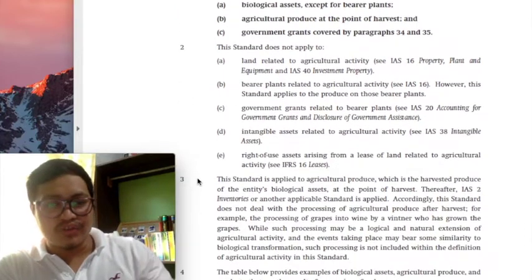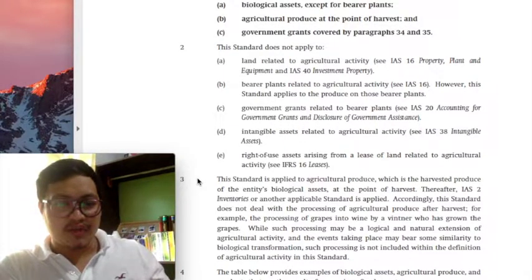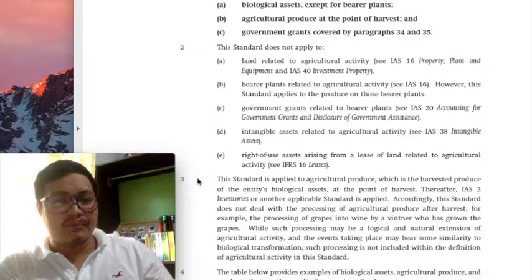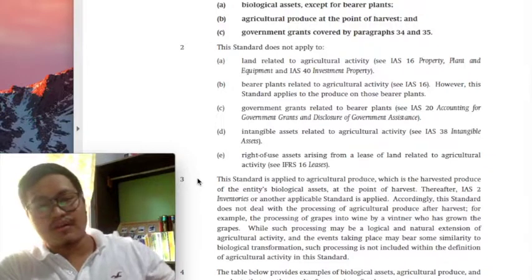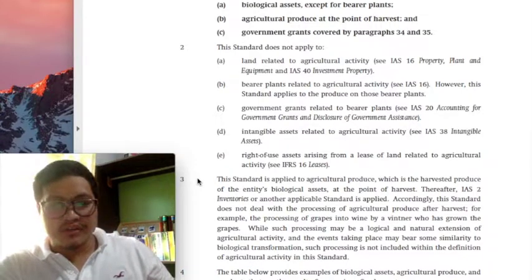Okay, so as I mentioned earlier, PAS 41 is applied to agricultural produce, class, which pertains to the products that would be harvested from a biological asset, but only at the point of harvest. Okay, after the harvest, class, it will now be PAS 2 that will apply. That is, if the fruits are to be used in production or held primarily for sale.